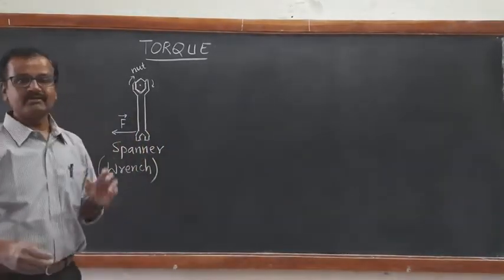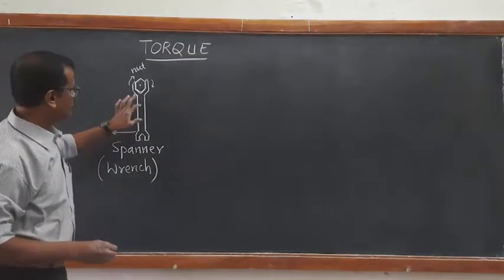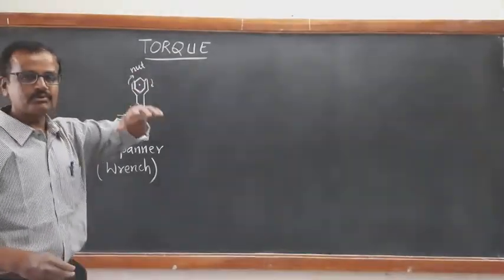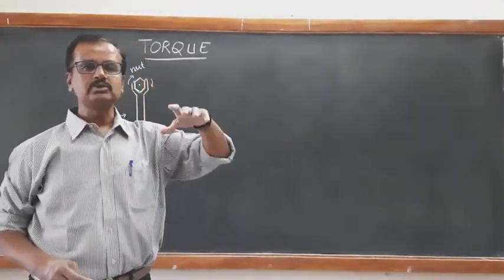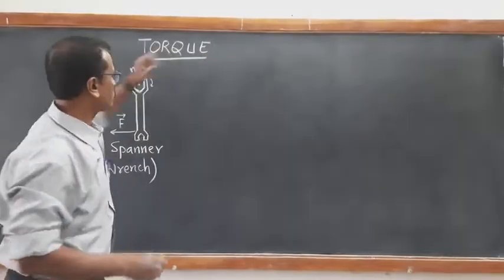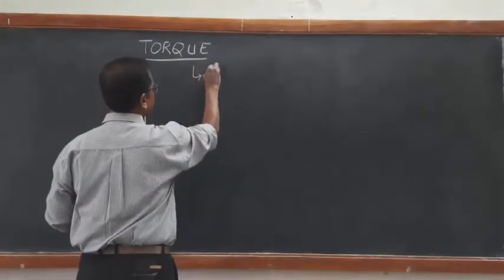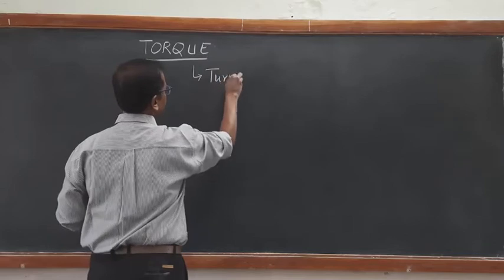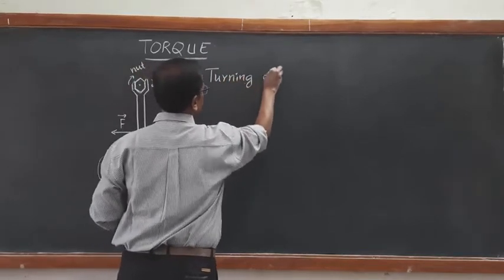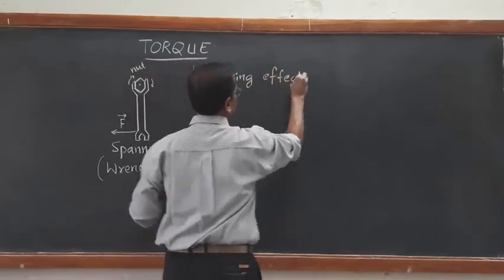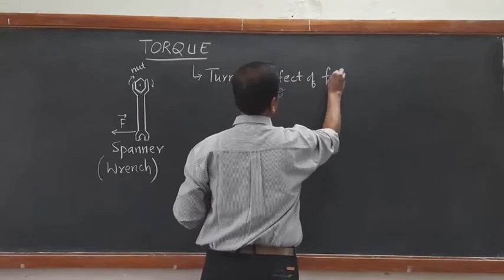This turning effect of force, here force is there which tends to turn. The force which tends to turn leads to the turning effect of force called torque. So torque is defined as the turning effect of force.